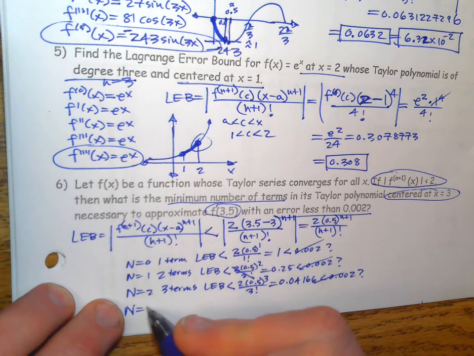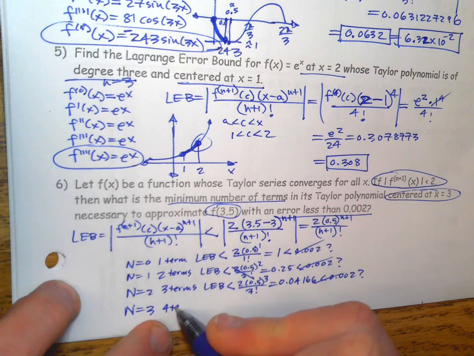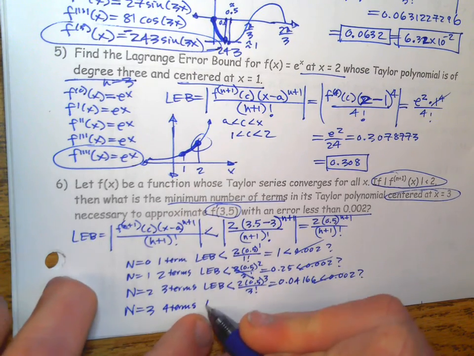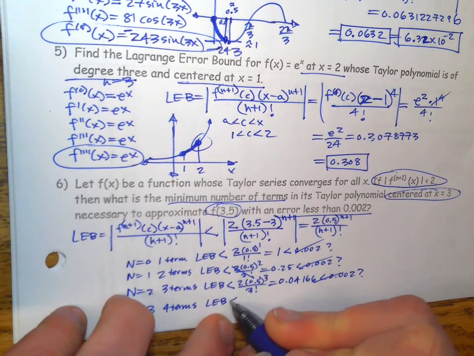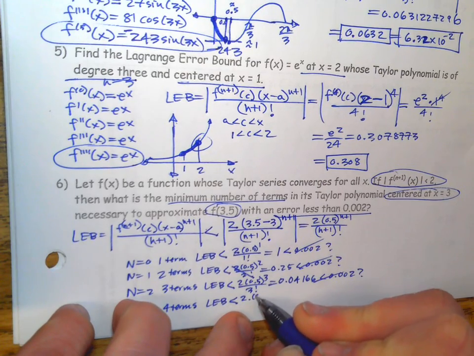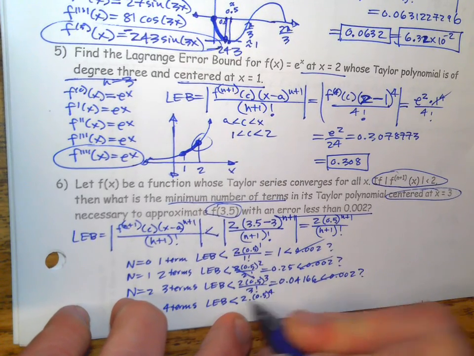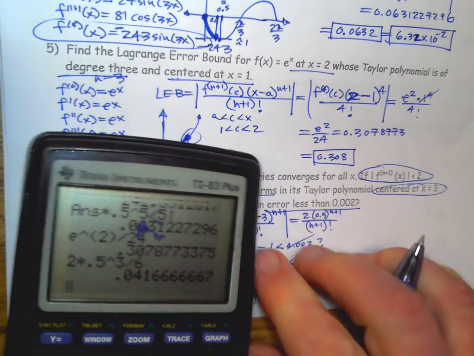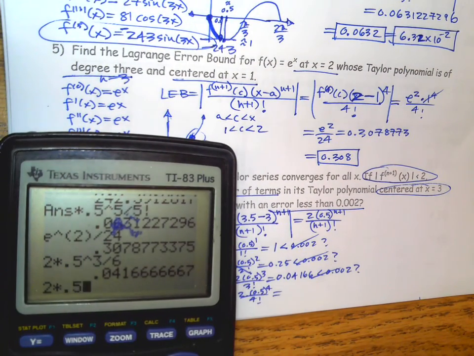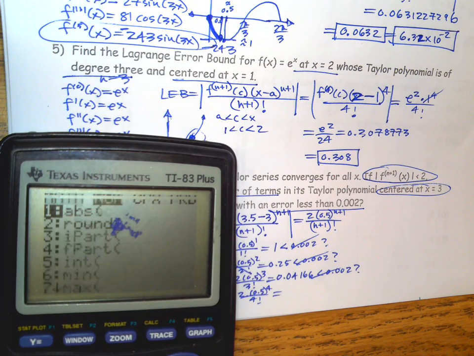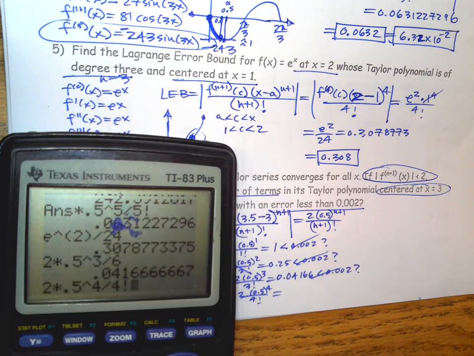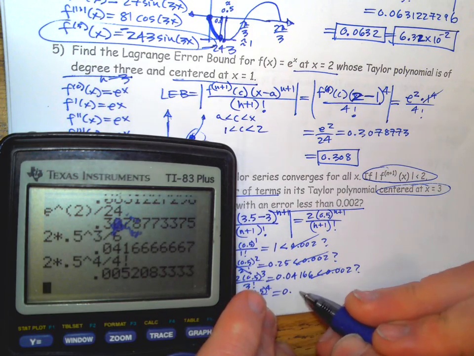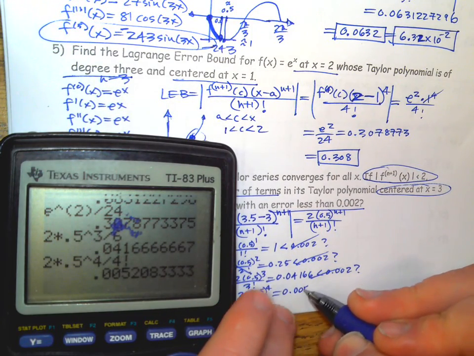N equals 3, which would be 4 terms. L.E.B is less than 2 times 0.5 to the 4th over 4 factorial. So 2 times 0.5 to the 4th divided by 4 factorial is 0.005208.